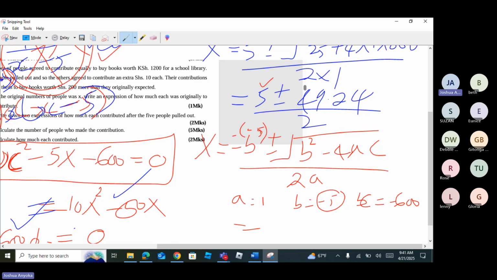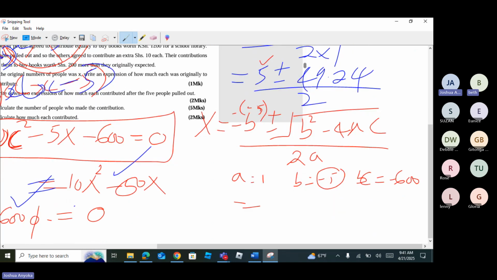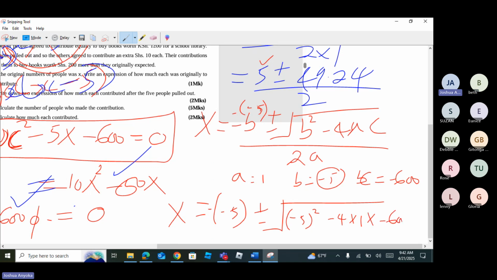I will advise you when you are substituting in a quadratic formula, substitute it in a very raw form. Simply say x equals minus minus 5 plus or minus the root of 5 squared minus 4 times 1 times minus 600.